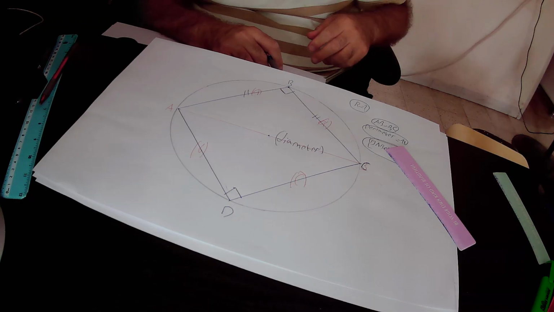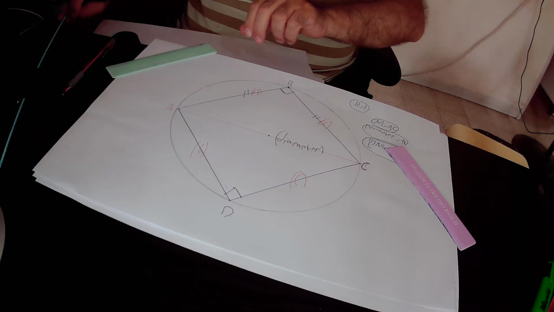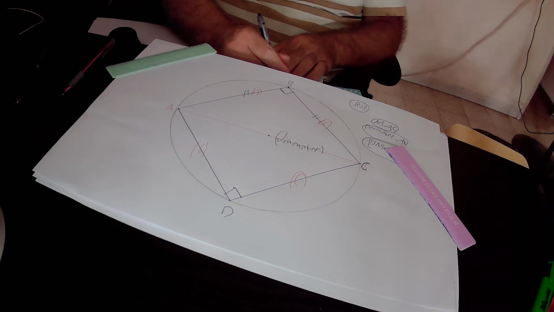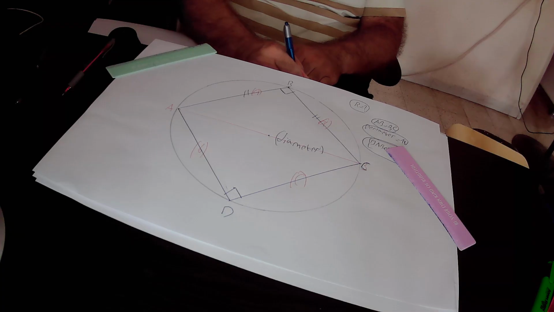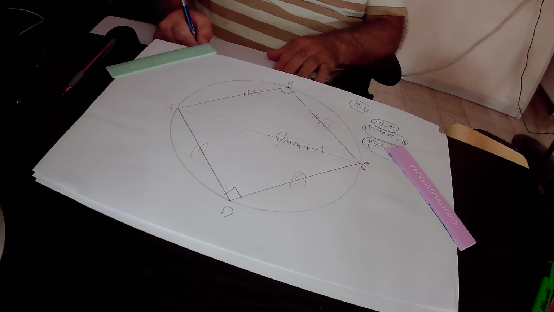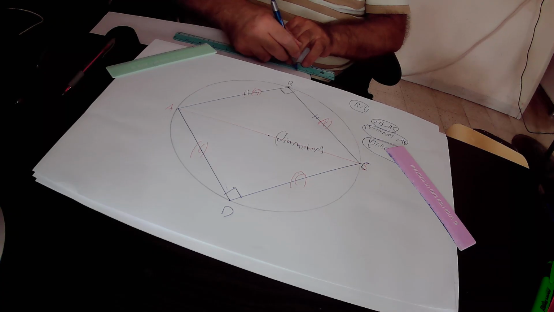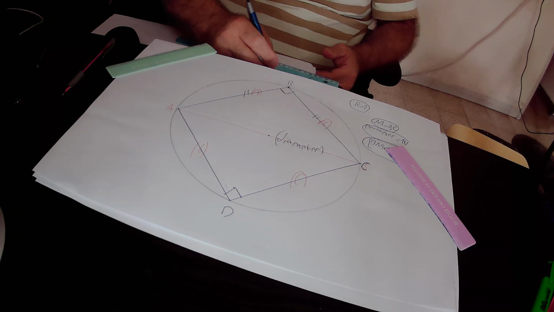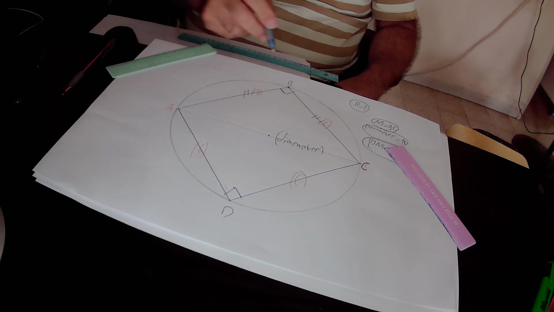So in the right triangle ABC, according to the Pythagoras theorem, AC squared, that is the square of the hypotenuse, equals AB squared plus BC squared.